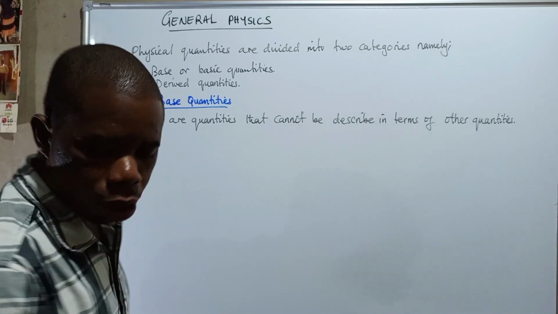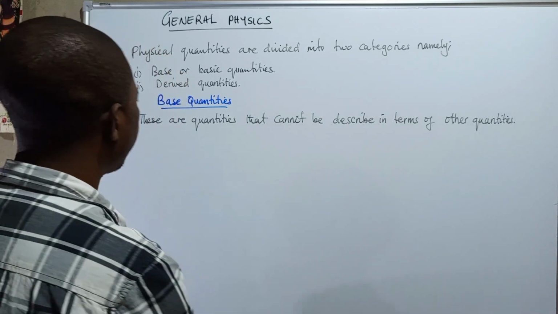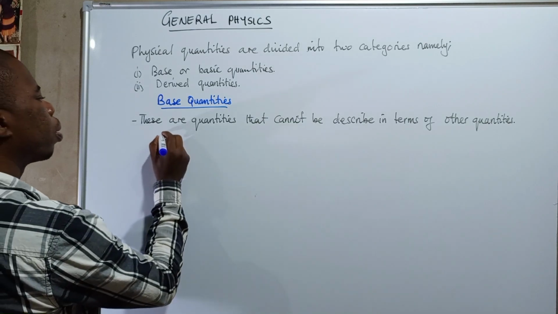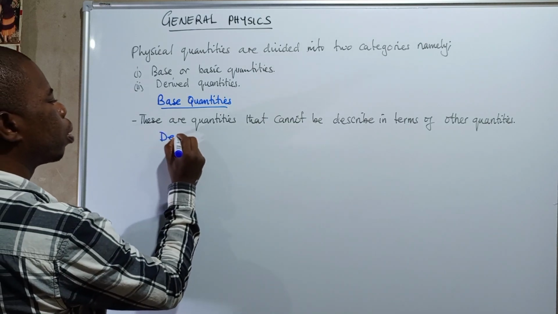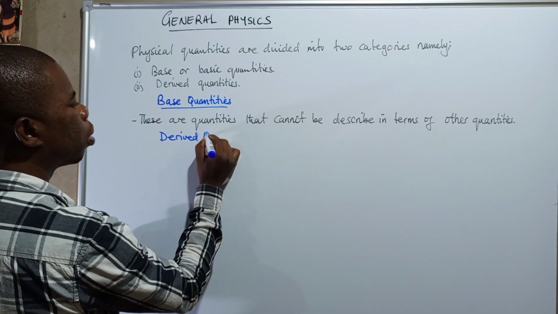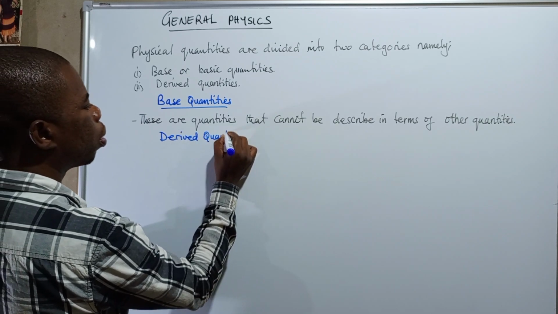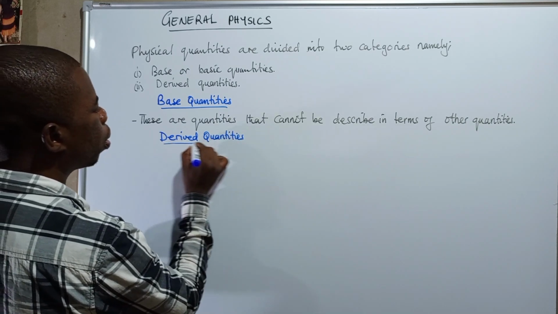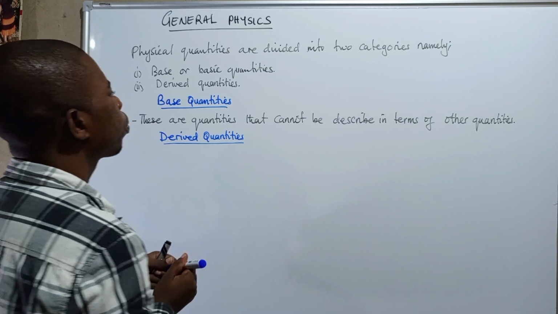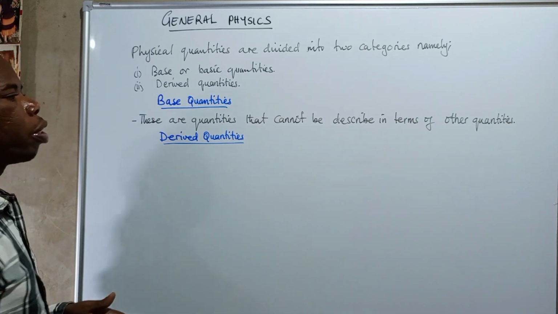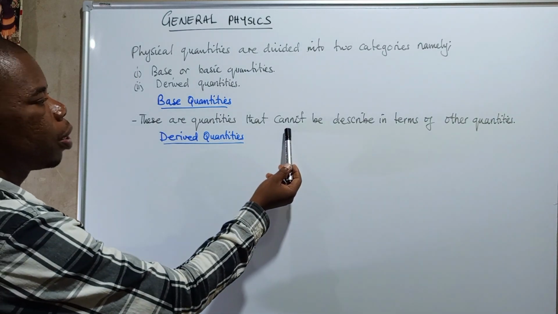And then let's look at derived quantities. So now what are derived quantities? It is the opposite of what we have stated here.